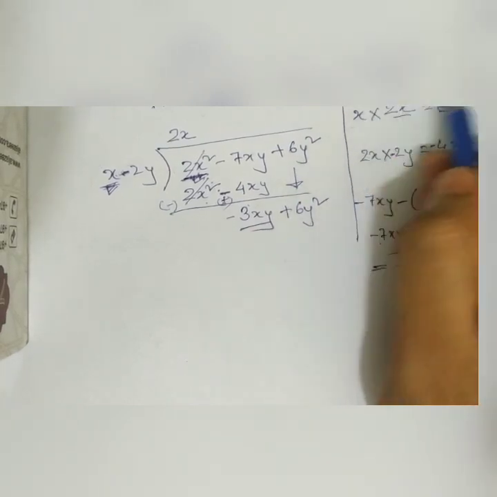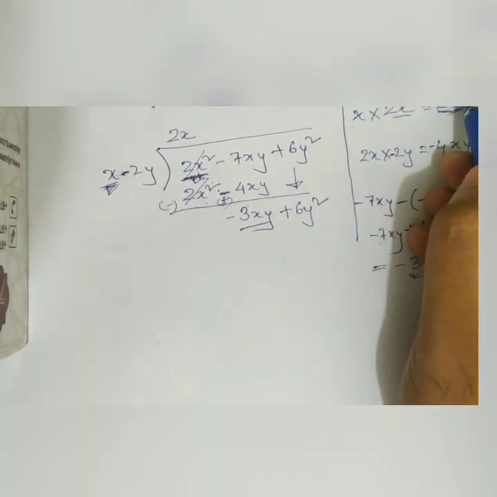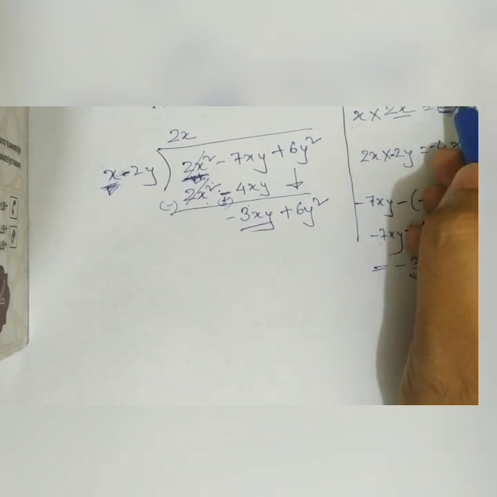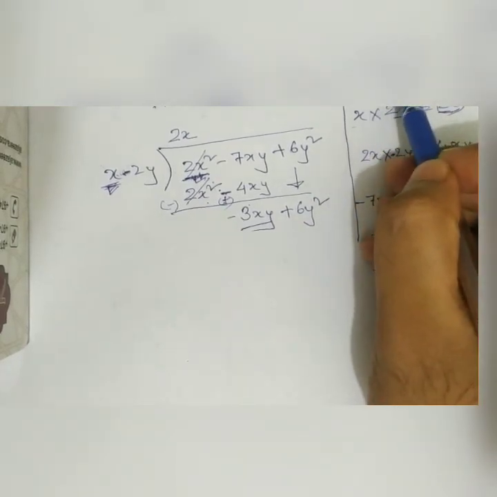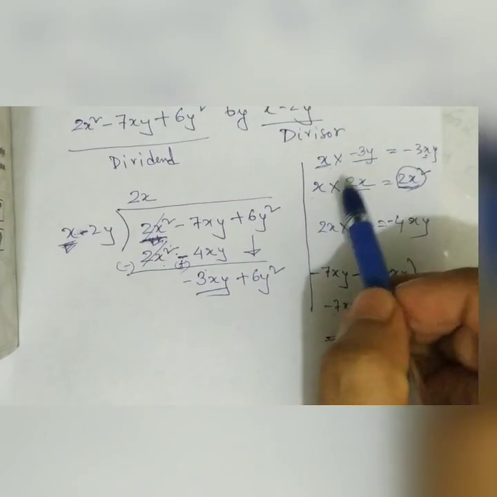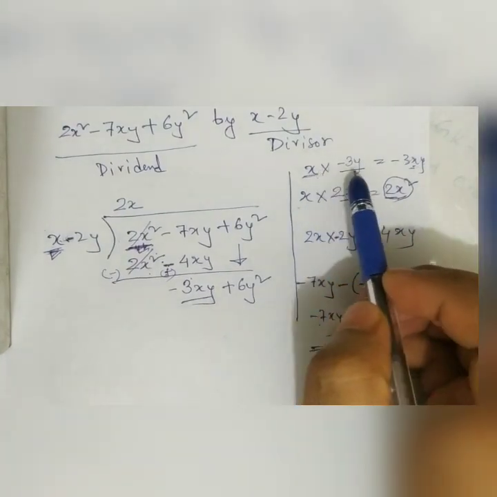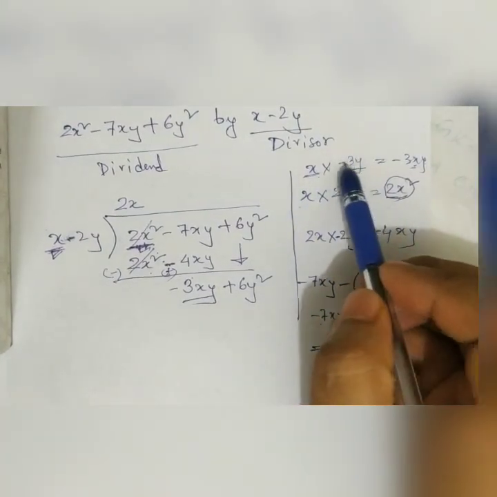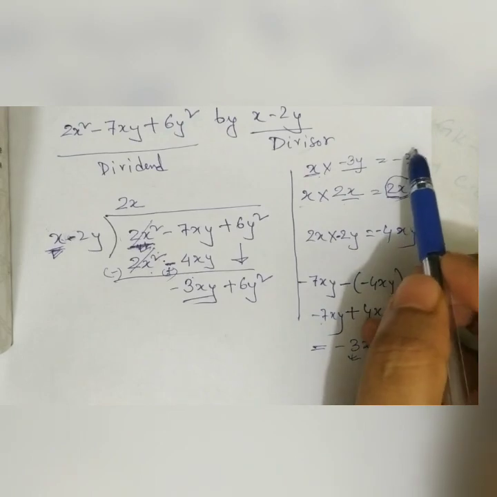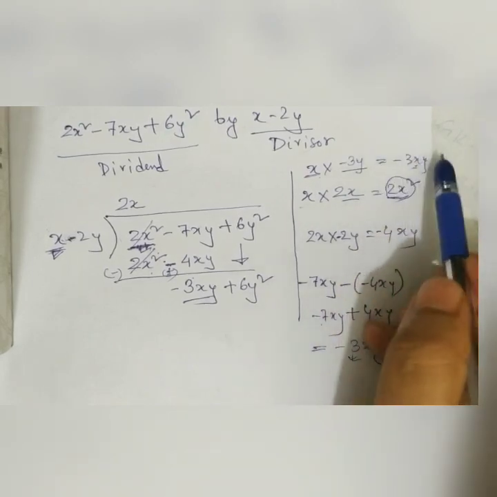You see x is already over there, there is 1x, answer also 1x, but minus 3y is not there, so I need to multiply x with minus 3y so that I can get minus 3xy.